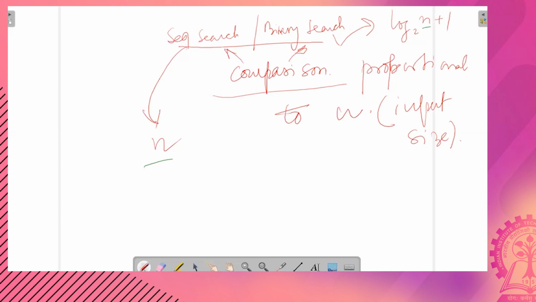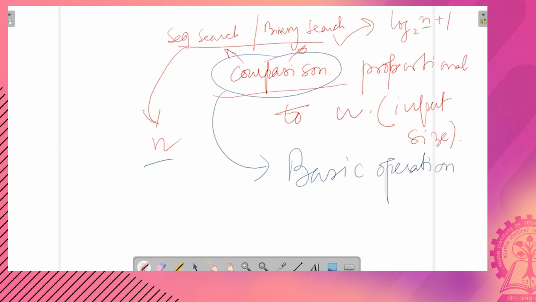So this kind of minimal computation, like comparison here, is called a basic operation. This is a basic operation that you need to implement an algorithm.